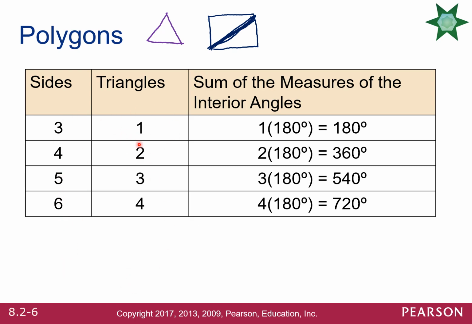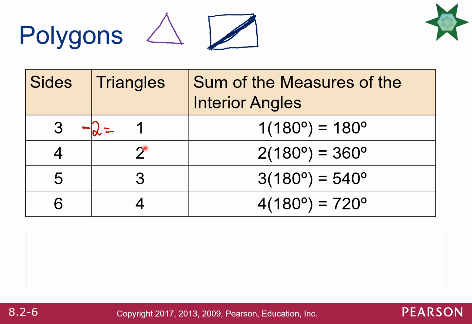So let's look at the pattern, the way the number of triangles relates to the number of sides. So when a figure has 3 sides, it has 1 triangle. So what is the difference between 3 and 1? It's whatever the number of sides is, minus 2: 3 minus 2 equals 1. Then let's look at the next one. When the number of sides is 4, the number of triangles is 2.